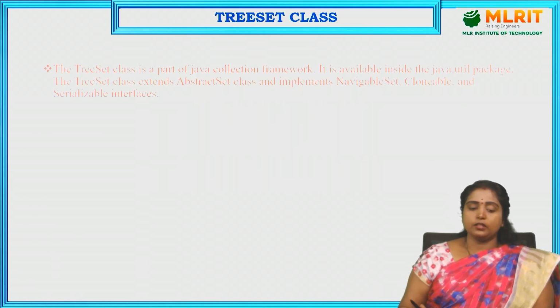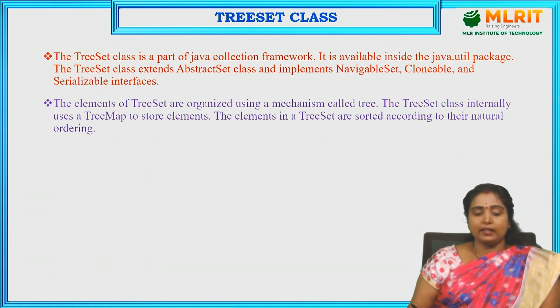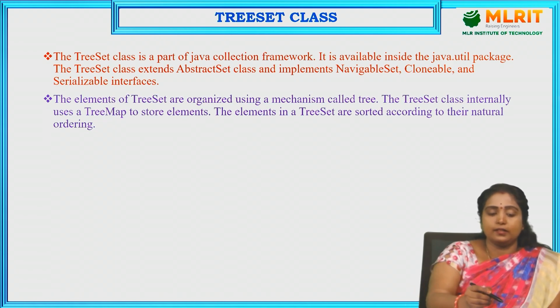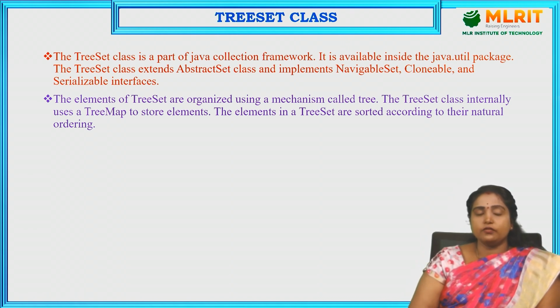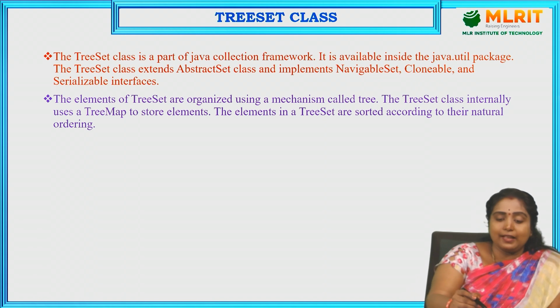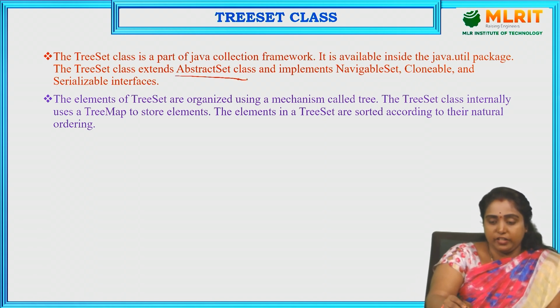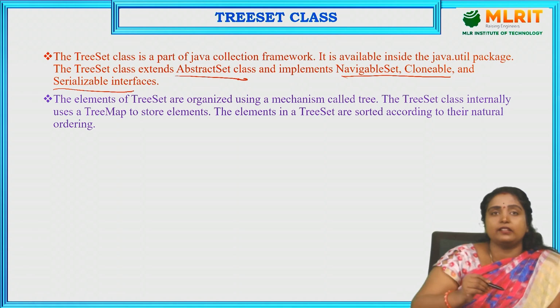So coming to the TreeSet class, what is TreeSet? TreeSet is an organized set. It is a part of the Java collection framework which is available in the java.util package, and this TreeSet class extends the AbstractSet class and implements NavigableSet, Cloneable and Serializable interfaces.